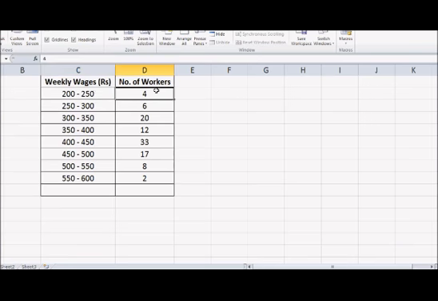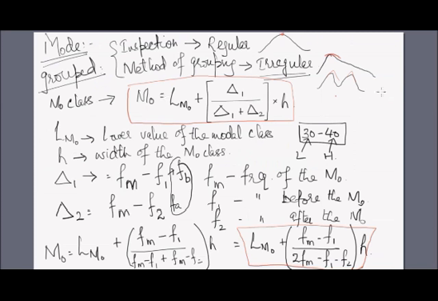The first thing which we need to do is check whether the data is regular or irregular. Of course, that's to be done only after arranging this. So here we see that the data, okay, let's draw this and see. We have the first frequency as 4, then it goes to 6, 20. So let's do it here.